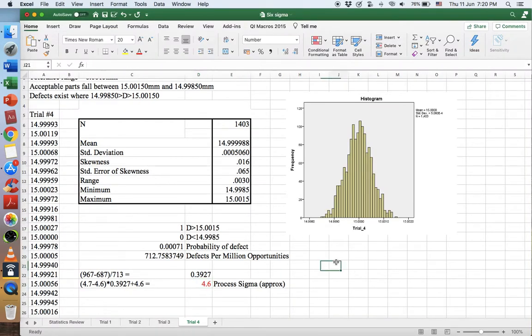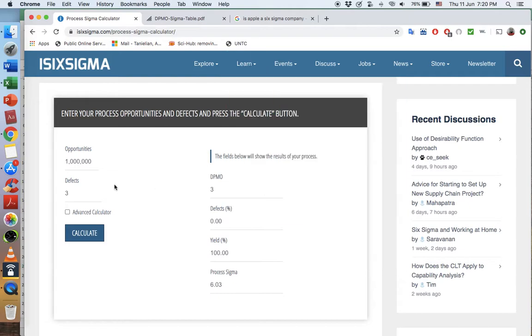If they were 6 sigma, 40.8 million phones. Oh, let's go back to our calculator here. How many defects do we have? Well, it's going to be roughly 3 times 40.